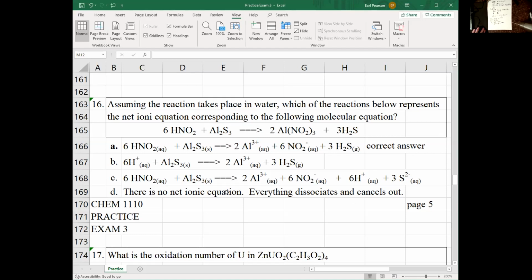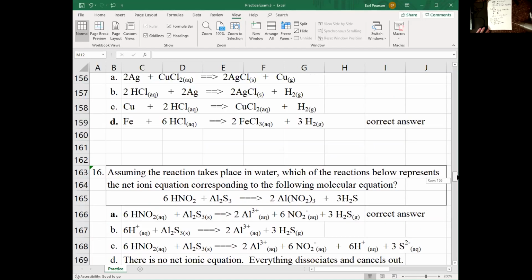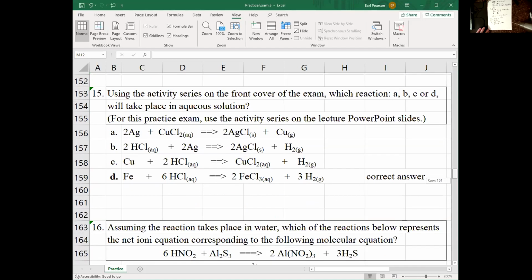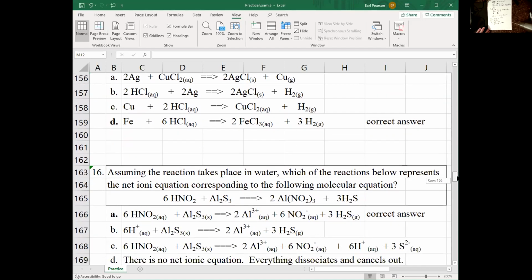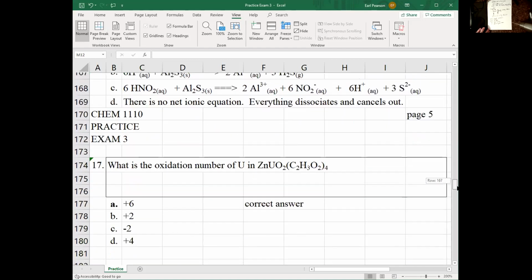Now, this is not correct. Okay? So if you've got your solubility rules and the 6 acids down, that will be an easy problem. So there's 2 questions now that we've come up with where you're going to have to know the 6 strong acids and the solubility rules in order to get the answer.